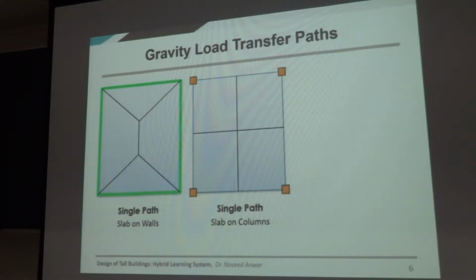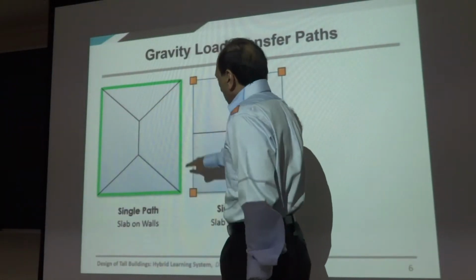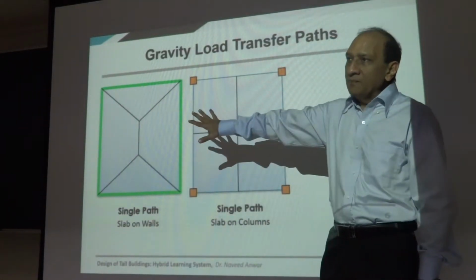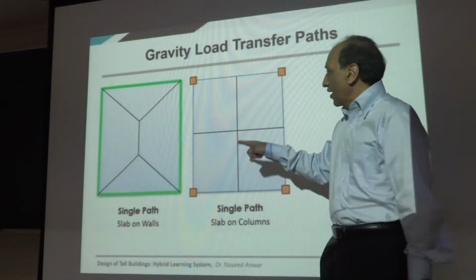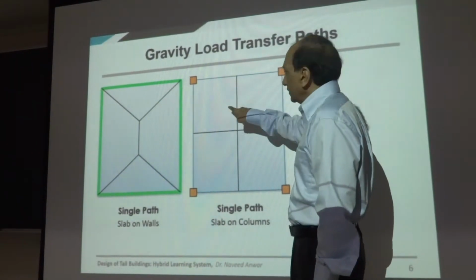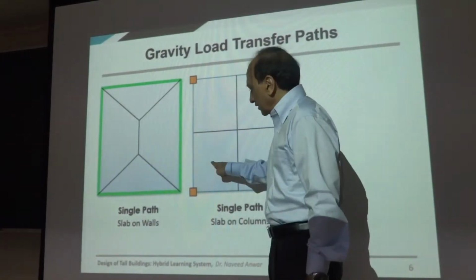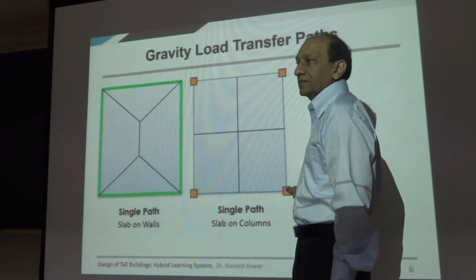Second one is another extreme case where you only have columns, four columns, same slab supported on four columns. Then traditional thinking is that all of this load goes to this column, this load goes to that column, this load goes to that column, and this load goes to that column. That's how we think.